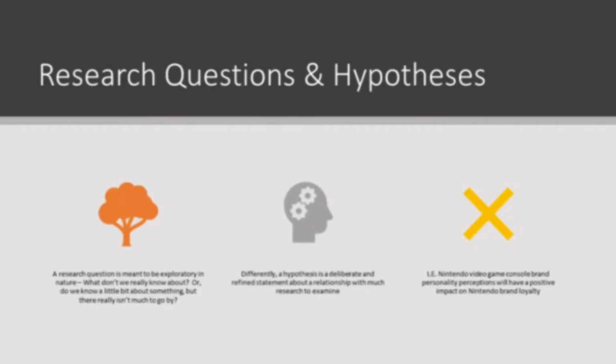And so with research questions and hypotheses, since I've brought them up, a research question is meant to be exploratory in nature. What don't we really know about? When I was doing a study on how consumers actively manage their emotions, there wasn't a lot of literature. It kind of stumped me, actually.